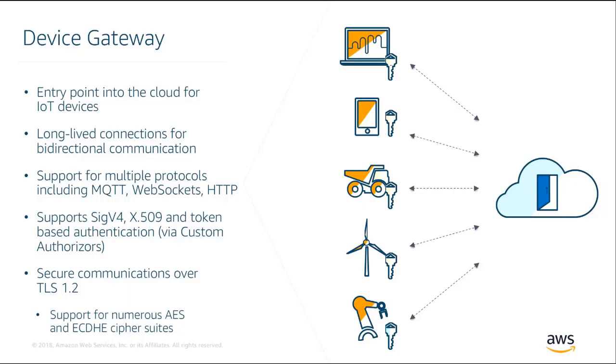But external applications or external users can also use SigV4 signing using AWS IAM credentials, or we have even released token-based authentication using your own custom authorizer. So if you use OAuth internally or another mechanism to authorize and identify users, you can use that at the device gateway. And all of this security and communication happens over TLS 1.2.